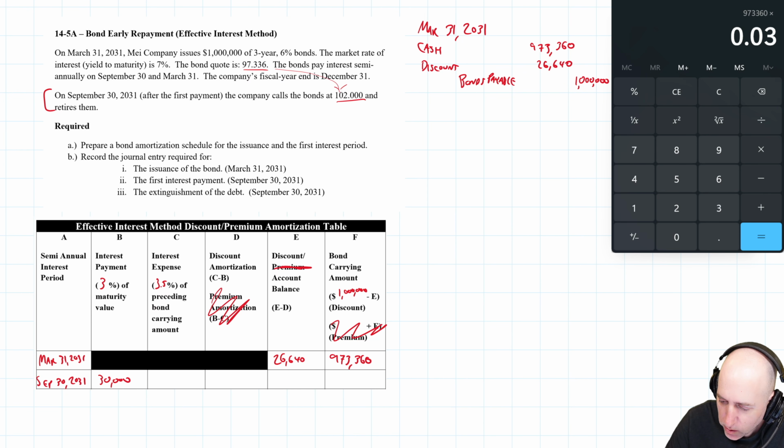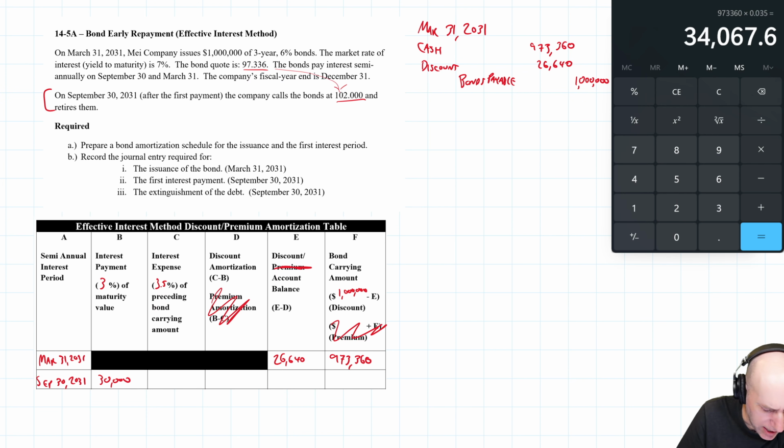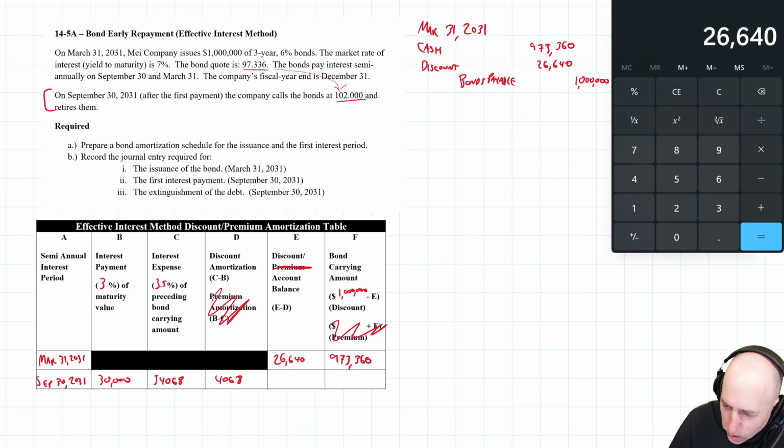973,360 times 0.035, 3.5%. 34,068. C minus B, 34,068 minus 30,000 is 4,068. E minus D, 26,640 minus 4,068 is 22,572.